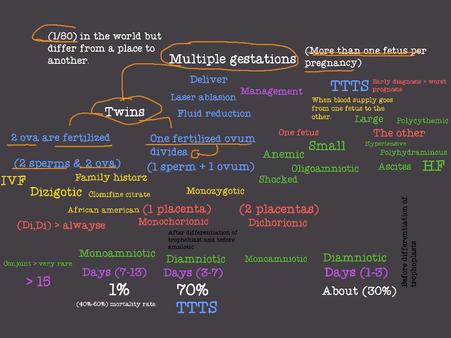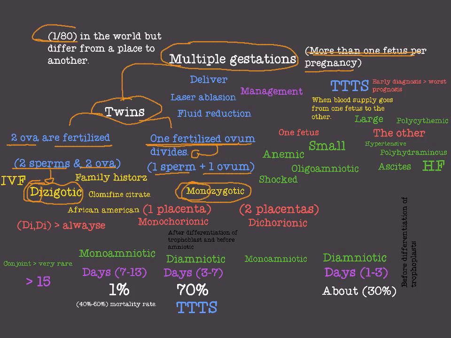The second type is one sperm that fertilizes one ovum, which then divides to make two fetuses. The first type, from two separate ova and two sperms, we call dizygotic. The second type, from one ovum fertilized by one sperm and then dividing, is monozygotic. Mono, one; di, two.